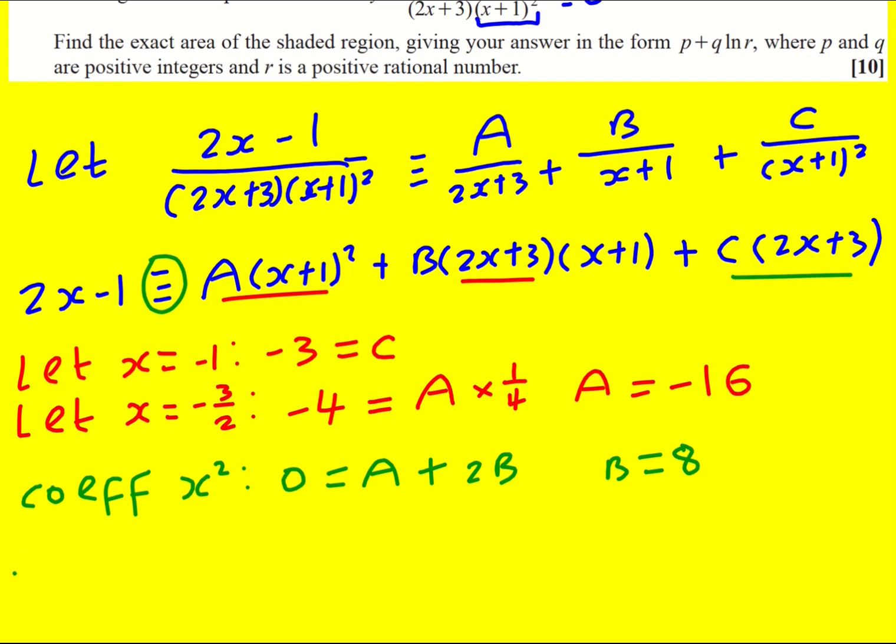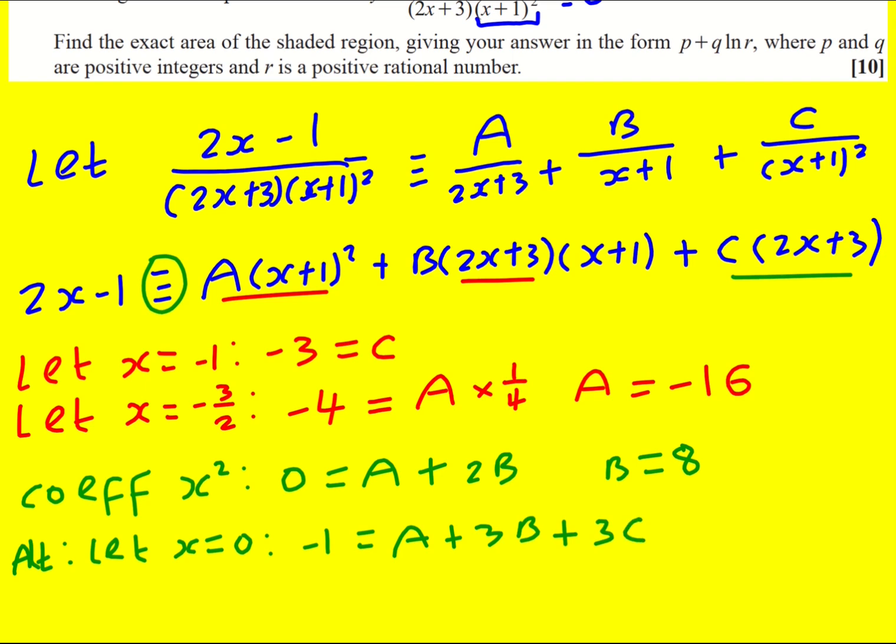Let's just talk about the alternative, because I did mention it, and you might prefer it. The alternative is to let x equal 0. It's not too much in it. Now I'm going to get minus 1 is equal to a, plus over here we've got 3b plus 3c.